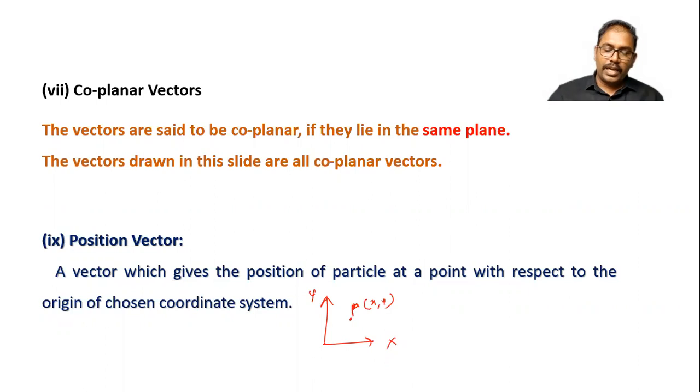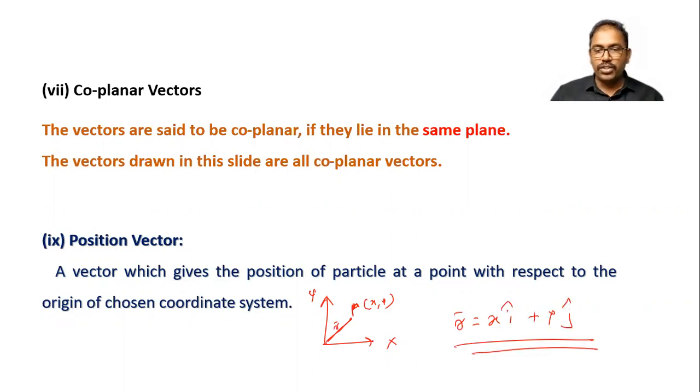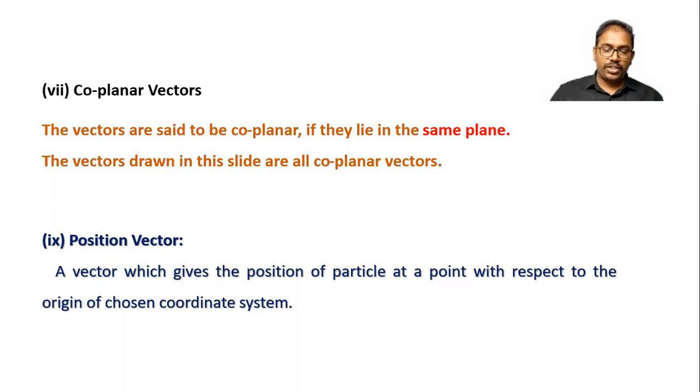Then we can write this r bar is the position vector, and r bar we can write as x into i cap plus y into j cap. Like this way we can write the position vector. We have to learn this in detail in the next article, but here you remember what is a position vector, which gives the position.